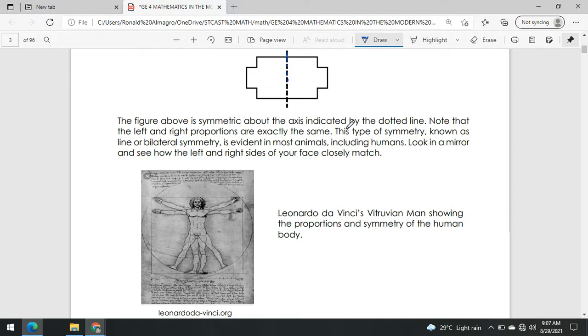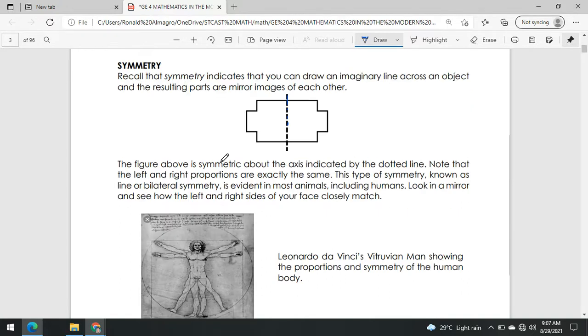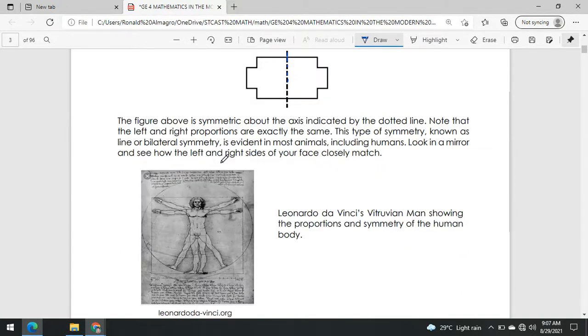This type of symmetry, known as line or bilateral symmetry, is evident in most animals, including humans. Look in a mirror and see how the left and right sides of your face closely match. If what appears in your mirror is different from you, like a monkey, that would be very strange.